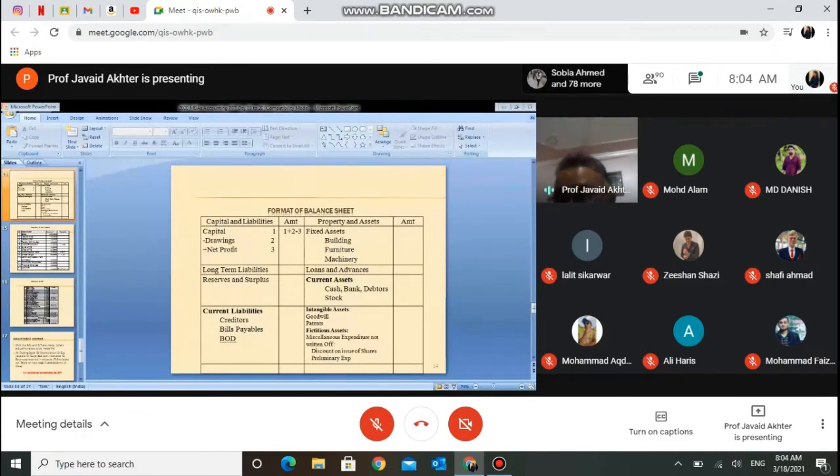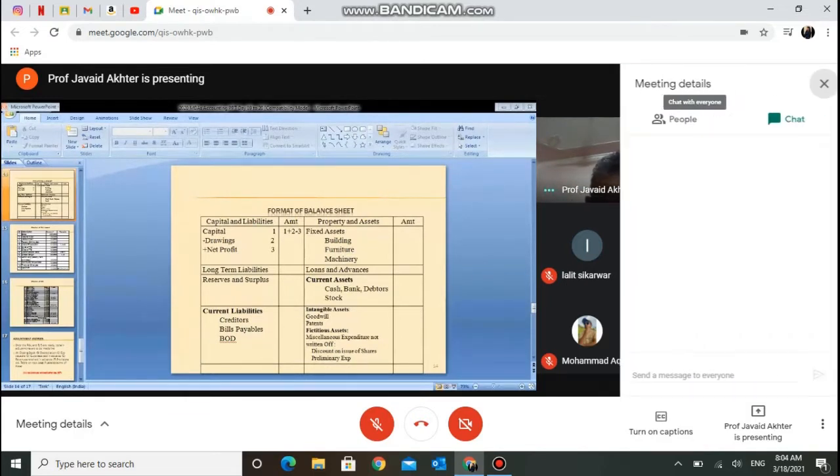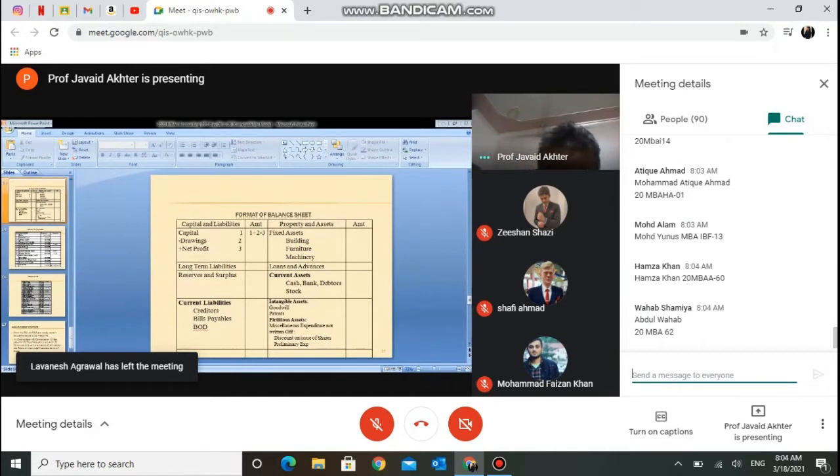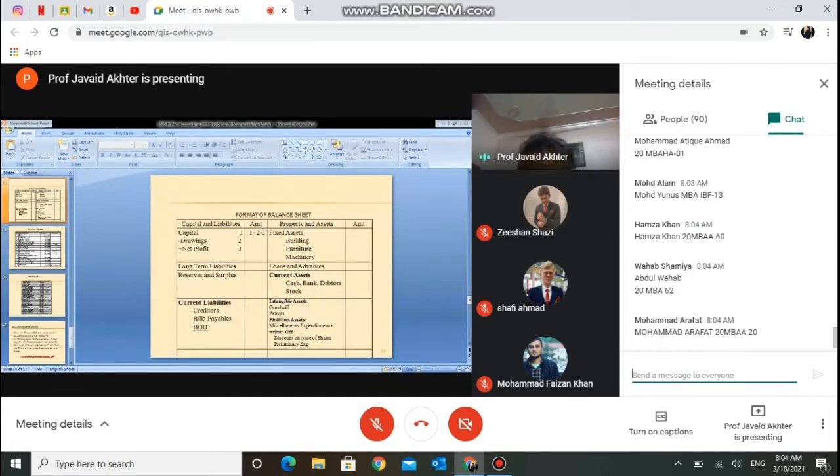I am repeating the statement. The statement that I am writing in the chat box is: balancing figure of profit and loss account is taken to balance sheet liability side.